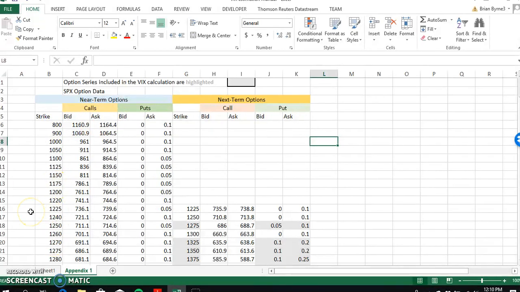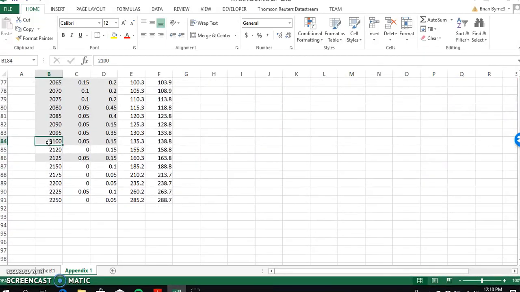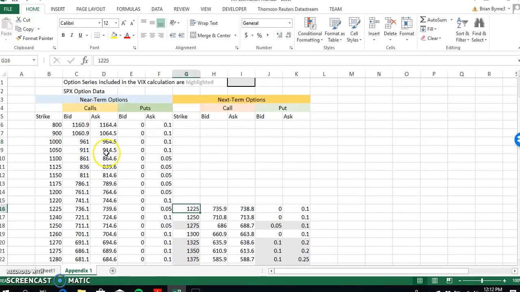Consistent with other implied volatility estimates, we have an array of strike prices going from 800 up to 2,250, and that's for the near-term contract, the 25-day contract. For the next term contract, it is 32 days. Again, we have a similar array of exercise prices. Note we have data for the call and the put, bid and ask, for both expiries. And in the next video, I will proceed to the next step of the estimation.